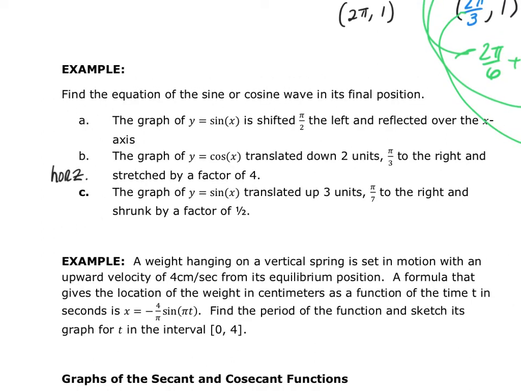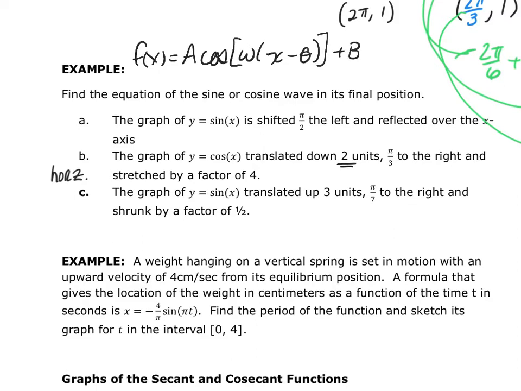All right, so B, let's talk about what each piece does. The down 2 units, if I look at this, is a cosine. So if my function f of x is equal to a cosine omega x minus, I'm going to call it theta instead of phi, and then plus b, what is that down 2 units?